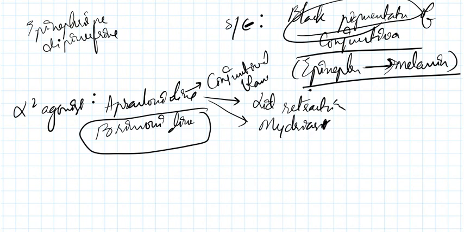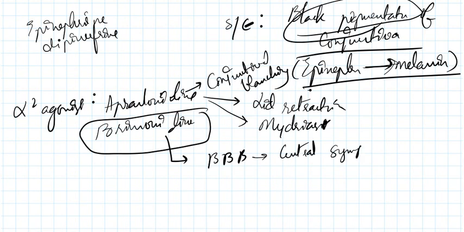Apraclonidine causes conjunctival blanching. Remember this, very important. Next, brimonidine can cross the blood-brain barrier, which leads to a very important dangerous side effect. It causes central sympatholytic action. So it causes apnea in children, not even children, it causes apnea in neonates.